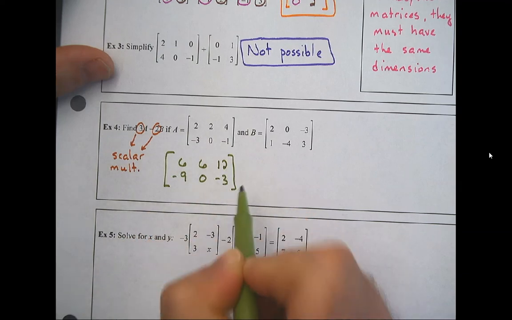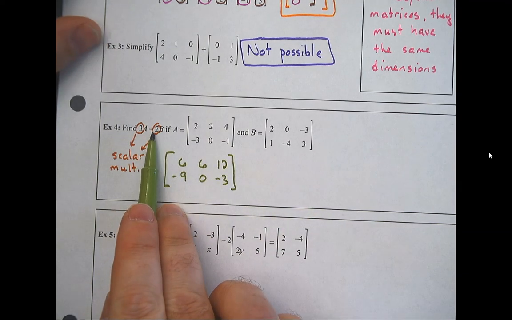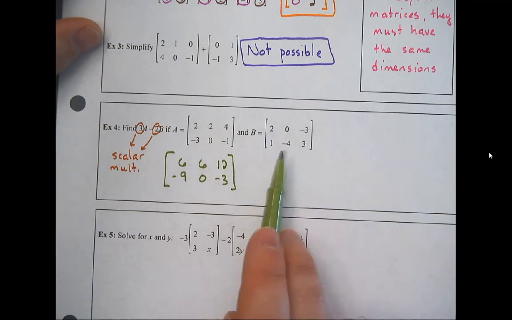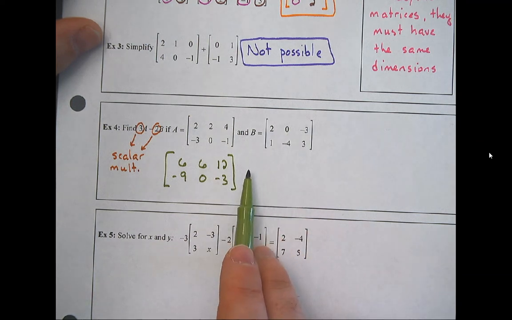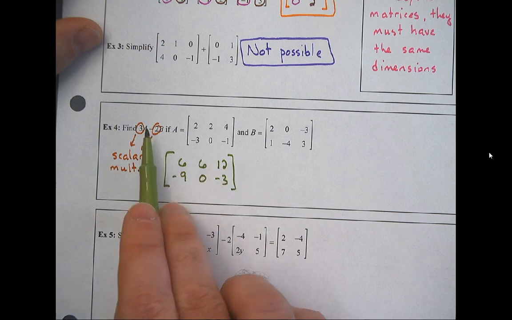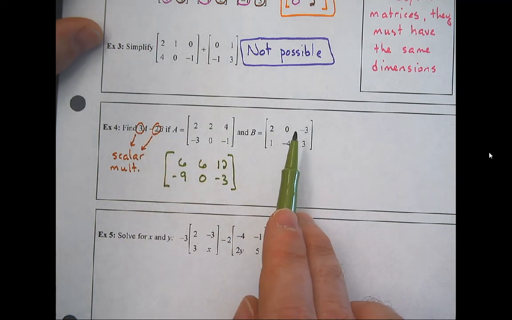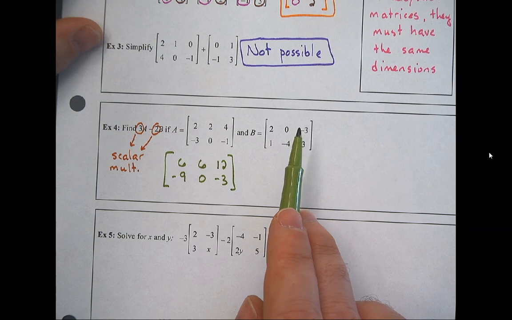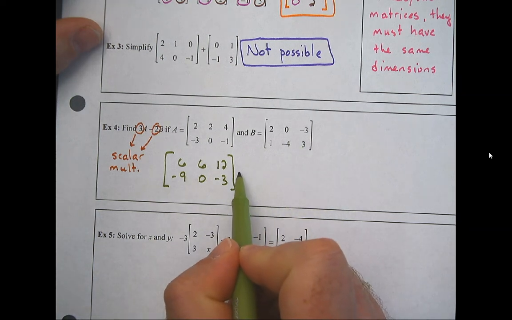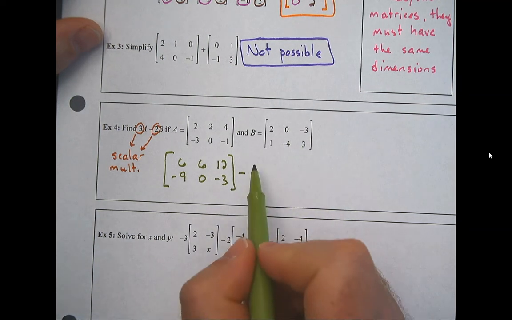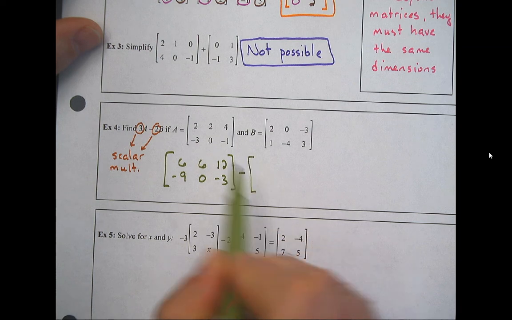Now, this is what I'm talking about. If you want to treat this as a -2 and multiply everything by a -2, then you must leave a plus in the middle. You can't leave the negative here and take the negative and give it to everything in the group, because then you've got 2 negatives, which would actually be a positive. So I leave the minus in the middle. And then I just take everything in the second group and I multiply it by 2.